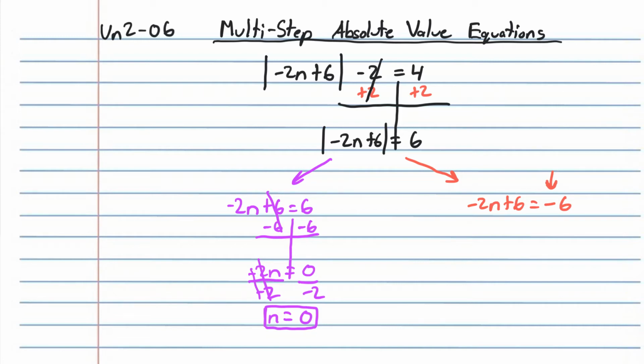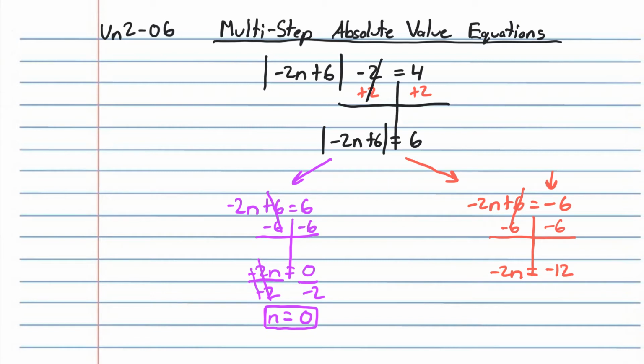Okay, now for the other one. Okay, so the steps are going to be the same, right? Because the only difference is that negative. So let's go and get rid of that 6. The opposite of positive 6 is negative 6. Do it to both sides. And here's our first difference. Now we have negative 2n, but negative 6 minus 6 is negative 12.